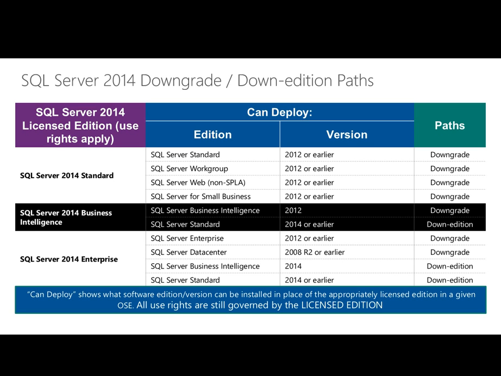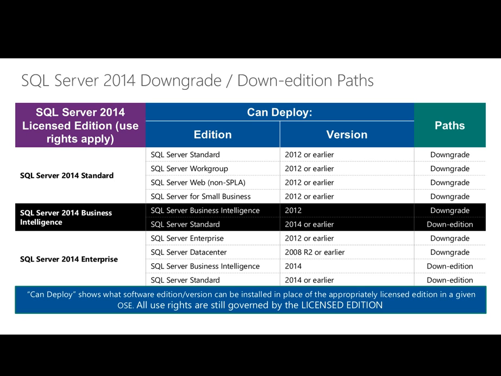If you downgrade to a lower version, it could be 2012. So 2014 downgrade to 2012, and the same SQL Server Standard Edition, standard to standard, and the version is 2014 to 2012 and earlier.